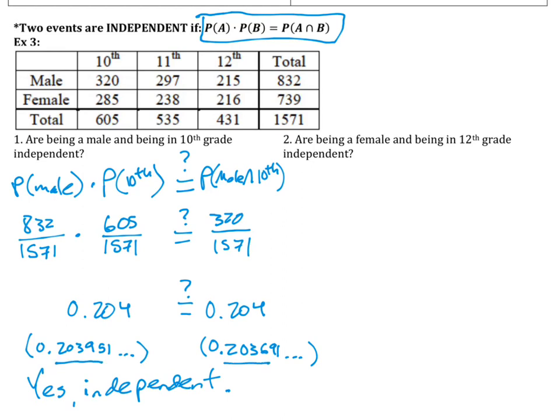And that kind of brings into question what decimal do you round to? Like, how close do they have to be for them to be independent? Well, for our purposes here, let's say within 1%, then we'll say they're independent of each other.